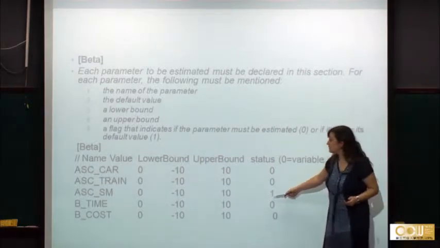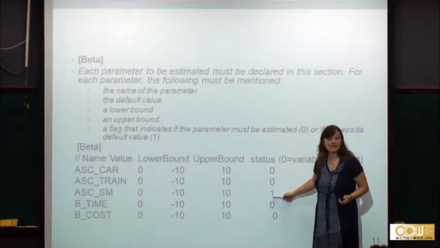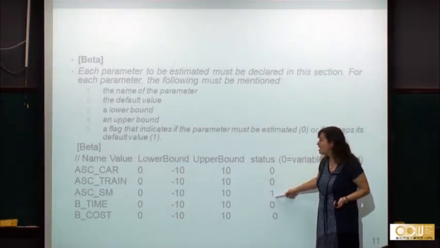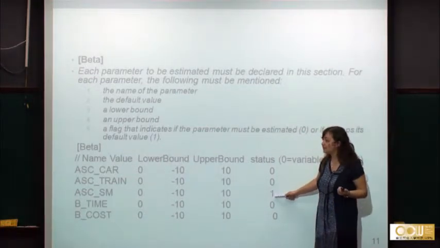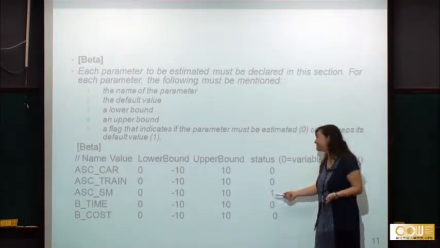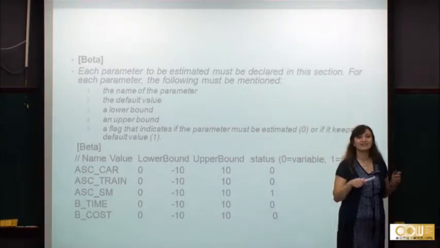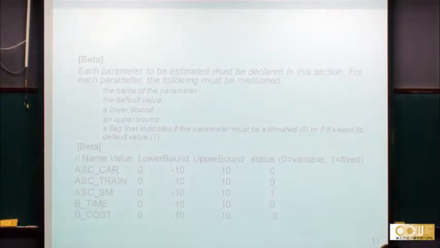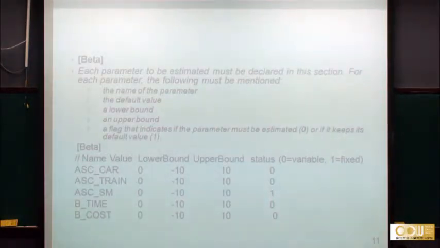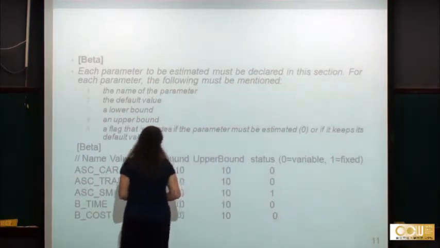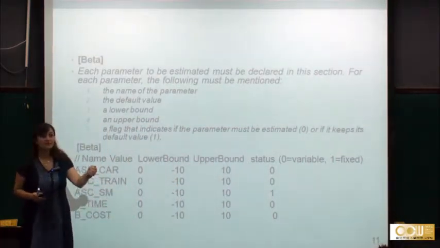So remember that we said we needed to fix one alternative specific constant because otherwise we won't be able to estimate the model. So he's fixing the alternative specific constant of the Swiss Metro to 0. And this is also very counterintuitive. It's fixing to 0 and the status is 1. When status is 1, it means do not estimate it. Or for example, sometimes you want to fix some variable, right?